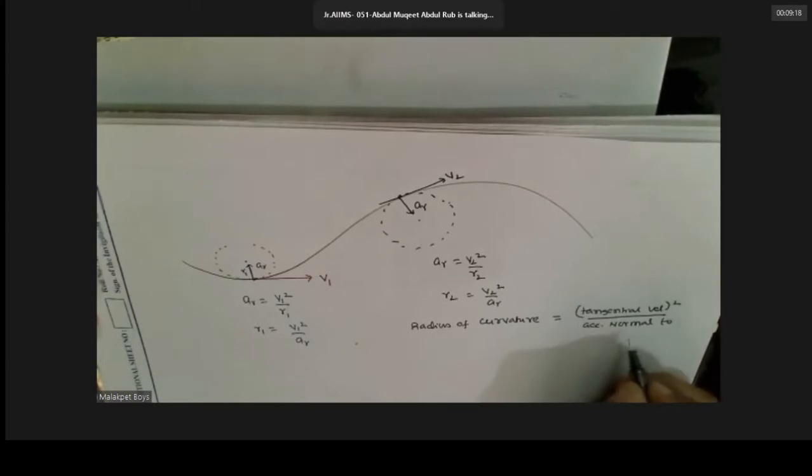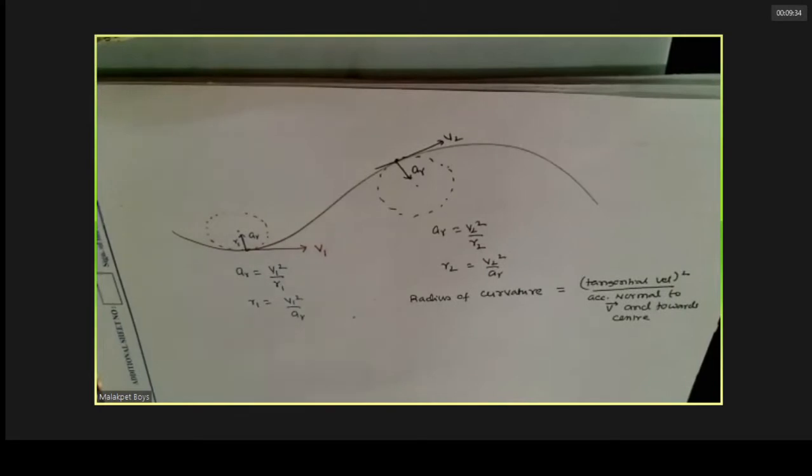If it were to open upwards, then the circle would be on top of V2. Understood this? Yes, sir.